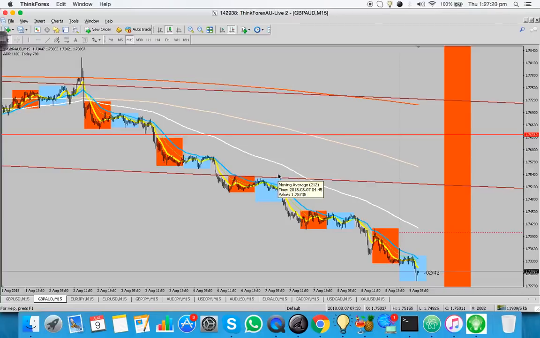So trail your stops, either come in on par with your entry, or lock in some profits with your stop loss, and then let the market go. If the market decides to bounce back against you, yes, you've captured your 10 pips or your 15, 20 pips or whatever it may be, but if the market continues down, then you've captured a hell of a lot more pips, right? You could probably trail it, because eventually price will hit the 200, come down, retest the 50, and then come down again. So that's where you can actually make maybe 2 or 3 times the amount.